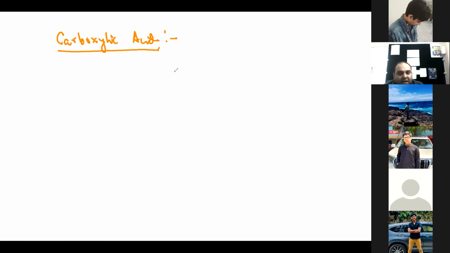Why? Because the functional group of carboxylic acid is C double bond O H. This is the functional group.